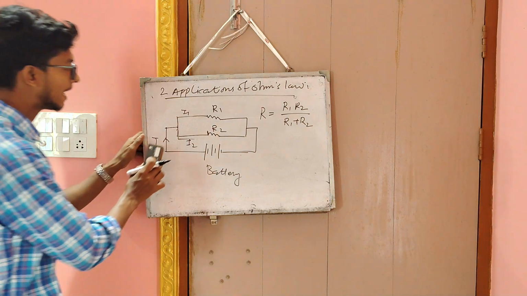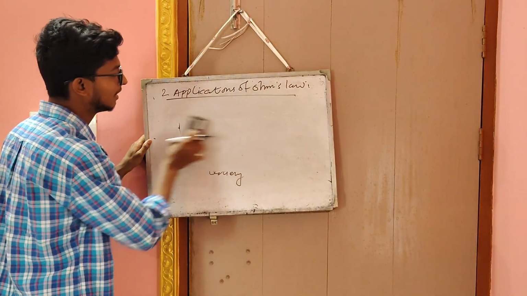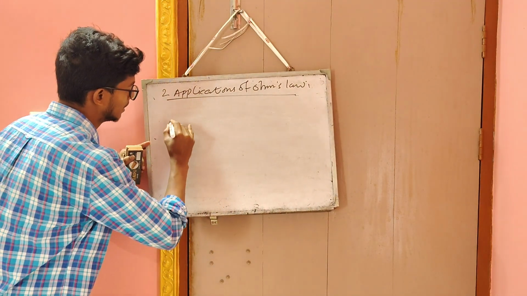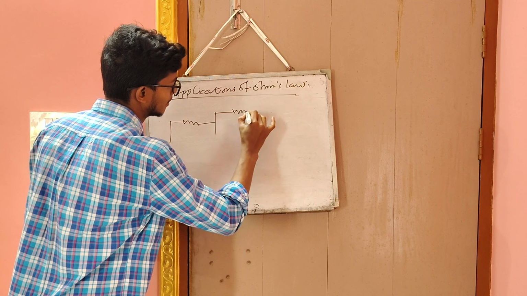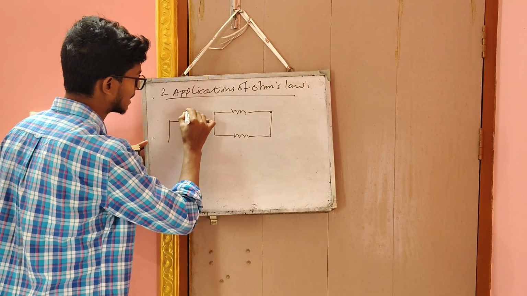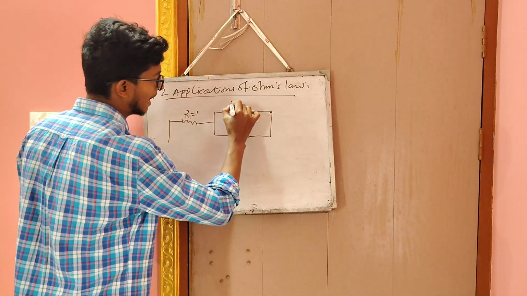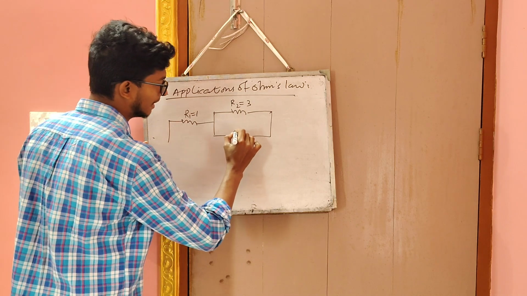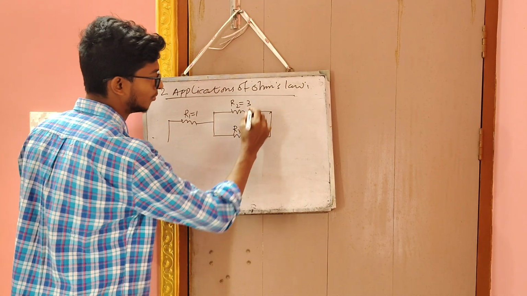Now we again discuss numericals. Suppose it is a circuit. This is R1, that is 1 ohm. This is R2, 3 ohm, and this is R3, that is 3 ohm.